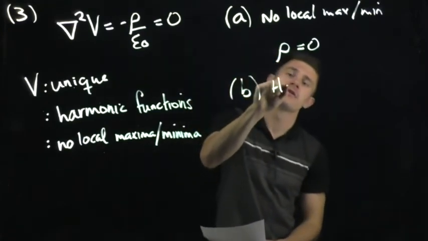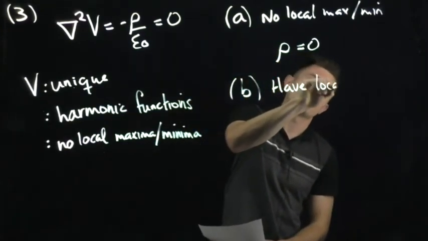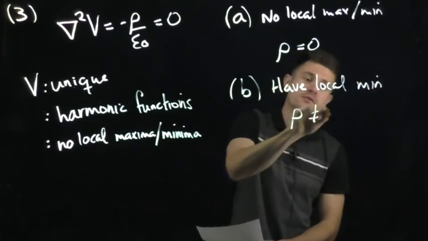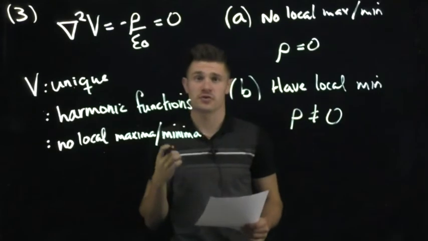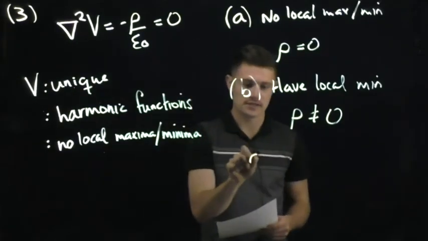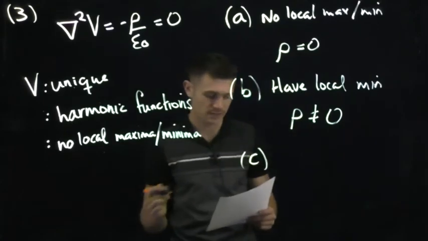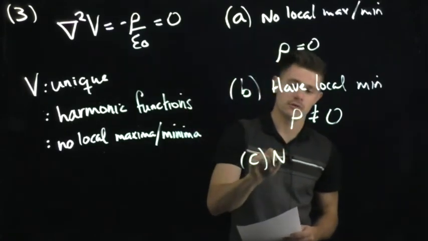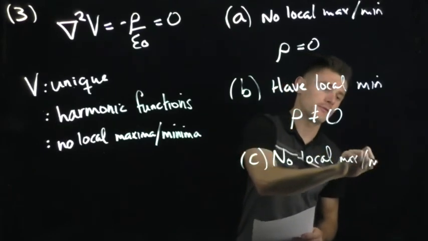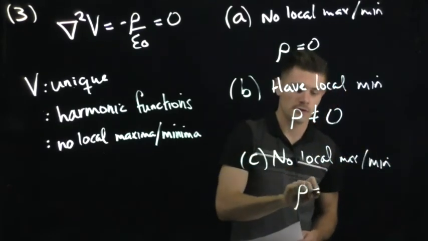So we have a local minimum, which means that rho does not equal 0. So for part B, the charge distribution in this region is not 0. And finally, for C, again we see no local max or min, so rho is equal to 0.